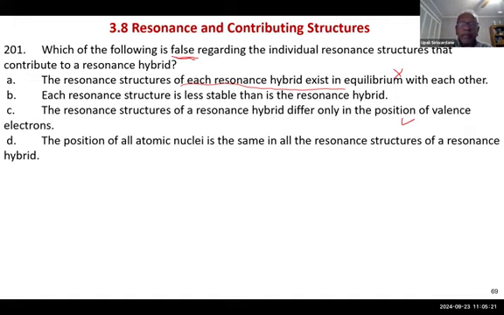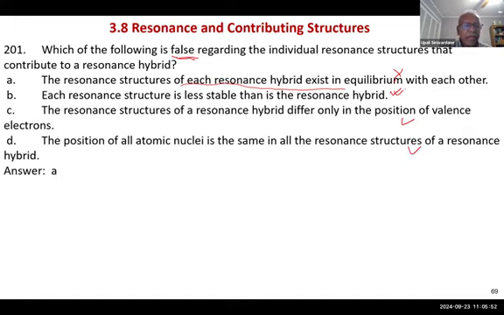This is the false answer. This could be true. That's one. Each resonance structure is more stable than the resonance hybrid. The position of atomic nuclei is the same in the resonance structures. This is true. That's the only one, A, that we got right.